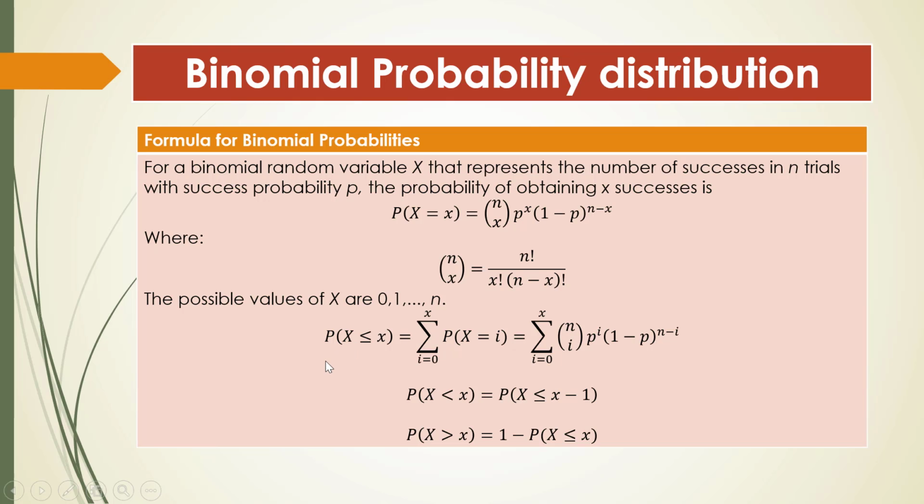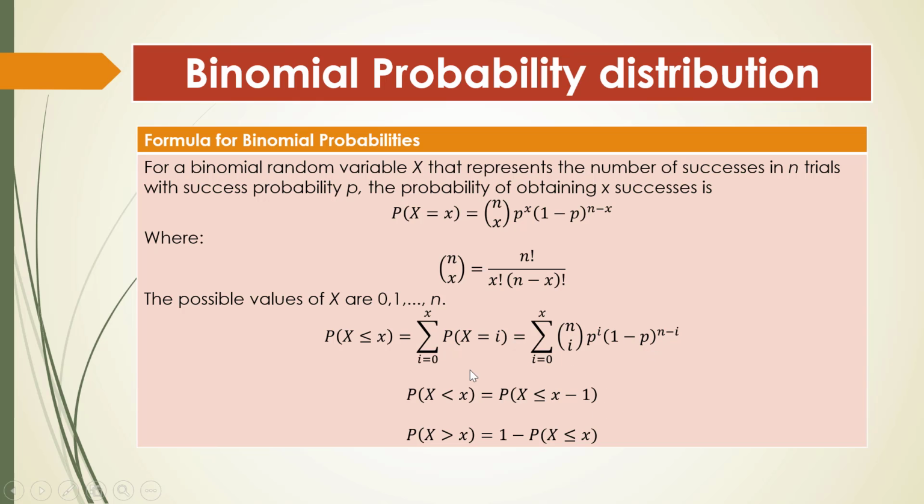Also, if the question asks you to find the probability that X is less than or equal to little x, we basically sum up the probabilities from 0 to x. So probability X less than or equal to little x is the summation over i from 0 to little x of the probability that X is equal to i, which equals the summation over i from 0 to little x of n choose i, p to the i, 1 minus p to the n minus i.